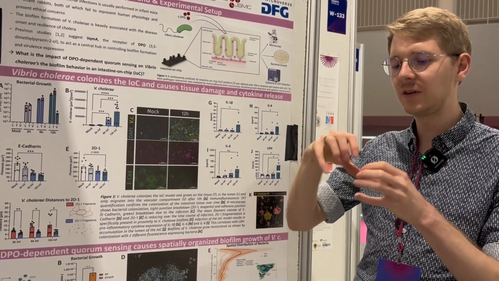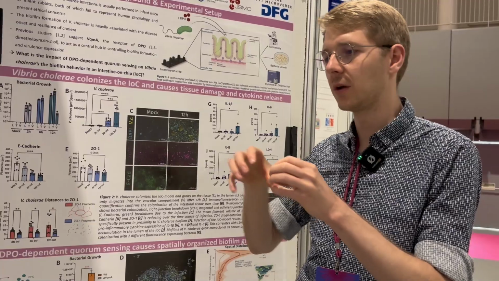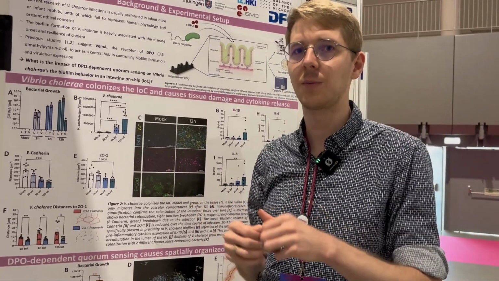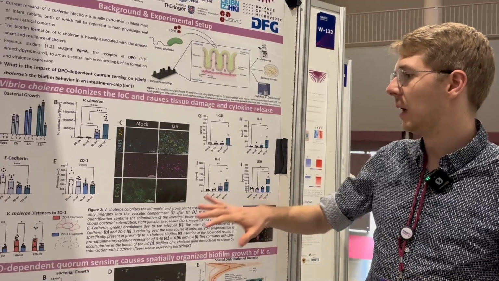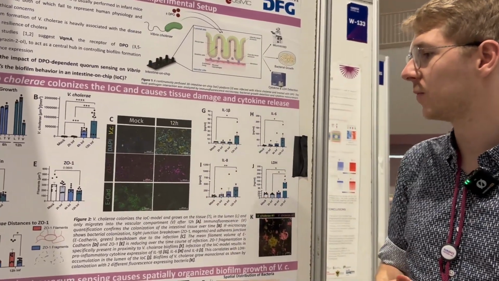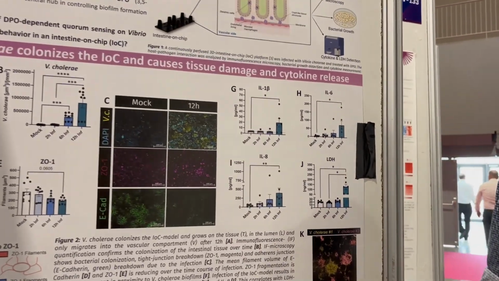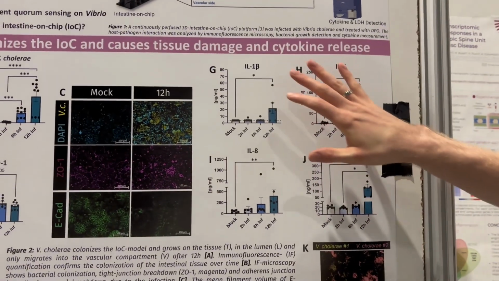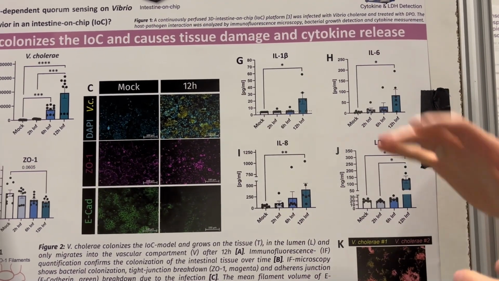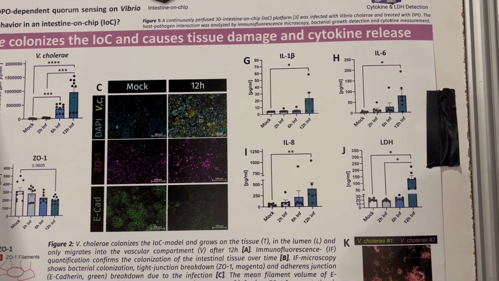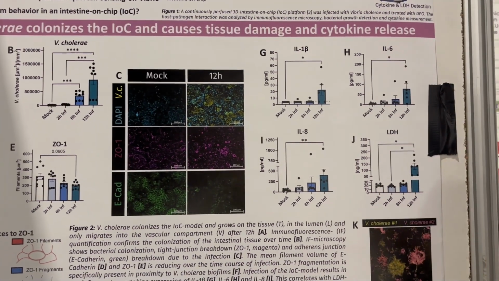So really, we see this damage of tight junctions being closely correlated to where the biofilm sits. So this spatial correlation is really quite interesting. On the other hand, this tissue damage then also results in pro-inflammatory cytokine secretion. We have interleukin-1 beta, IL-6 and IL-8, and this probably is linked to our macrophages in the system that elevate this response.